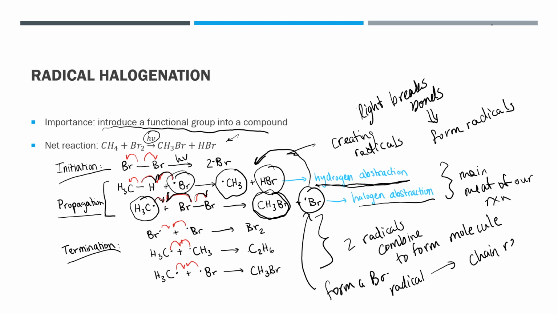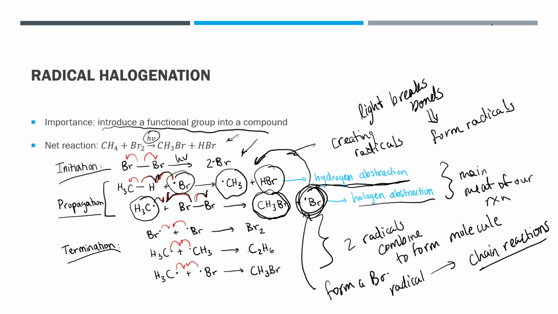You might have heard of them as chain reactions, because the products, my bromine radical, can then go and be a reactant. It can go and react again with our methane. So if I just initiated and had a tiny bit of radical, it doesn't matter, because this radical will go and abstract a hydrogen, and then at the end of the day it's going to form that radical again.